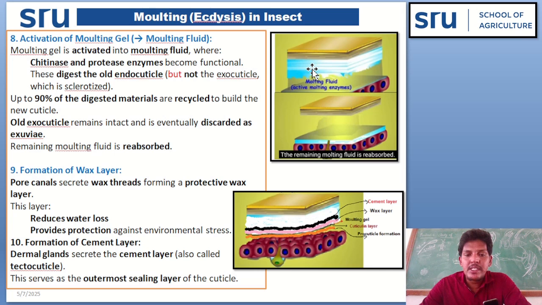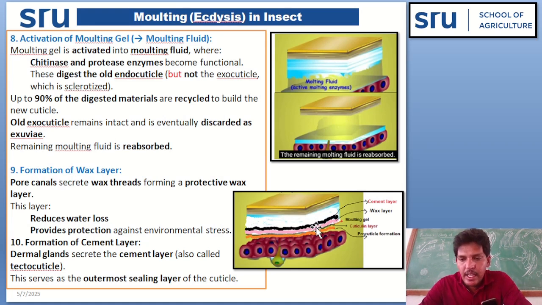Up to 90% of the digested materials are recycled to build the new cuticle. Old exocuticle remains intact and is eventually discarded as exuvia, and the remaining molting fluid is reabsorbed by the new cuticle and epidermal layers.